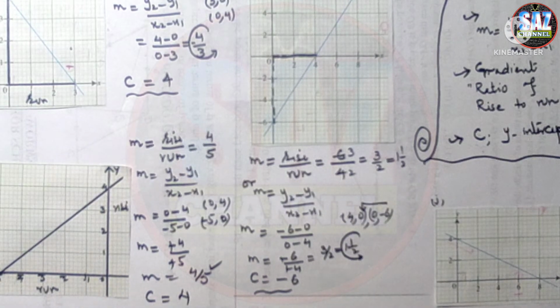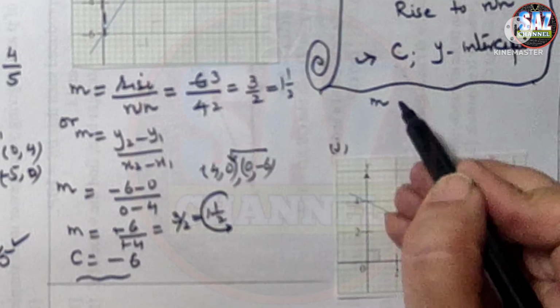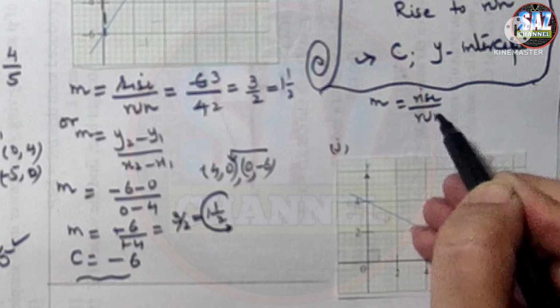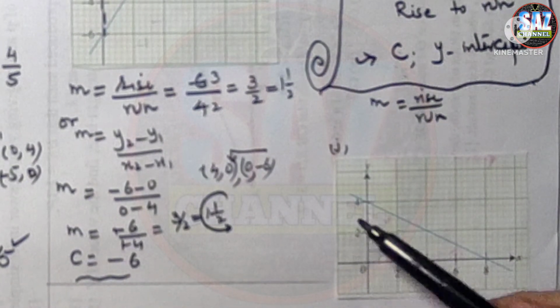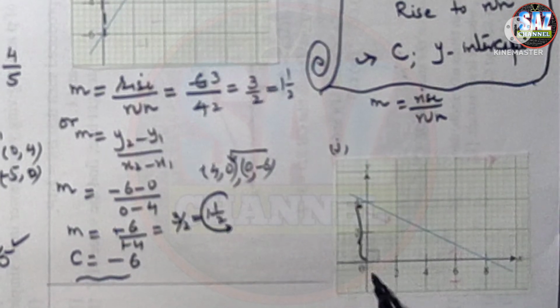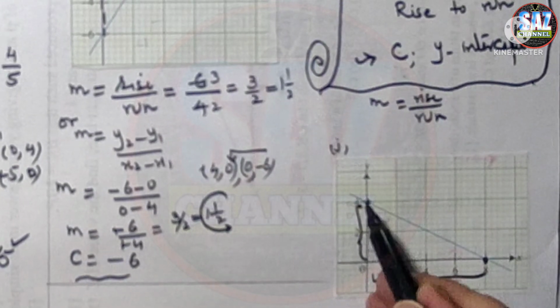Moving to J part, for J part, m equals rise upon run. Rise is along the y-axis, and rise is of how many units? Rise, and this is run. This is run.